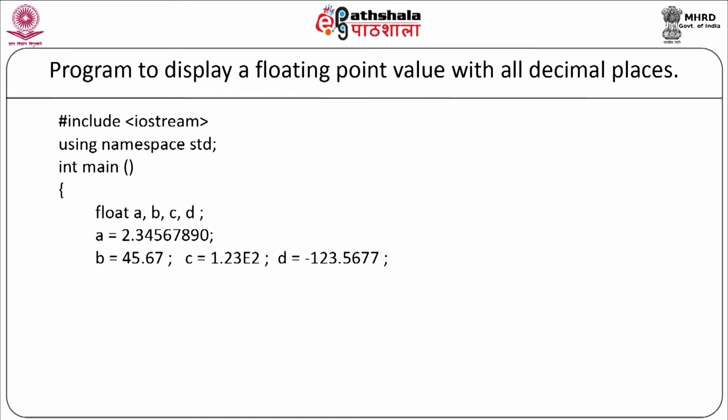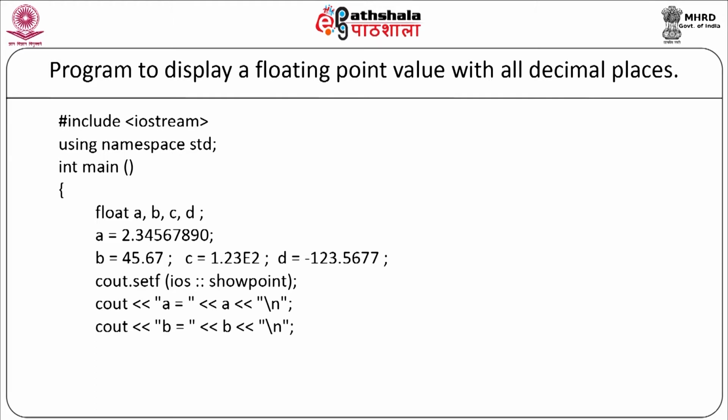Now we will set the flag as cout.setf(ios::showpoint). cout a equal to the value of a, cout b equal to the value of b, cout c equal to the value of c, and cout d equal to the value of d, and our program will end.